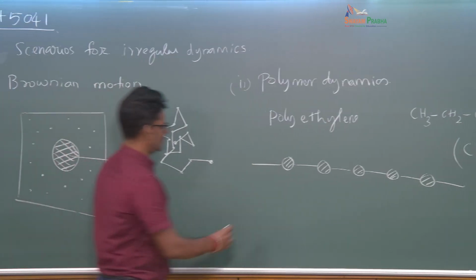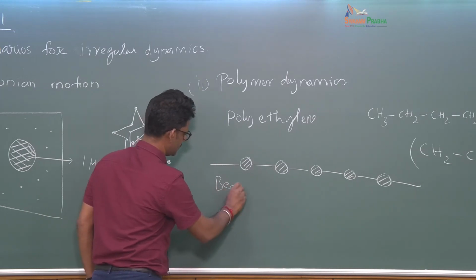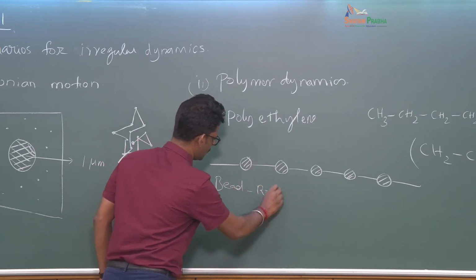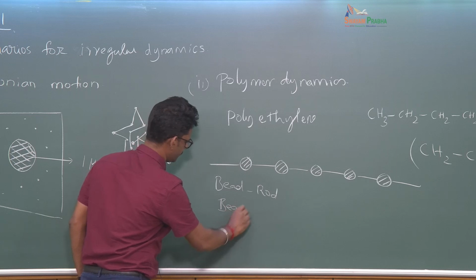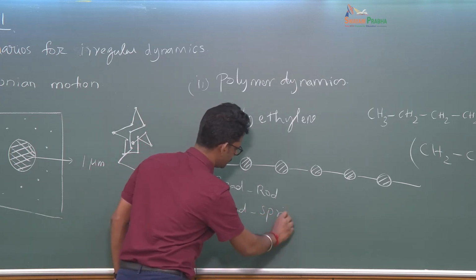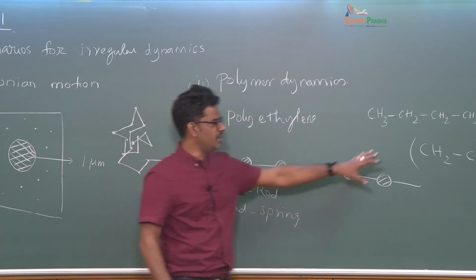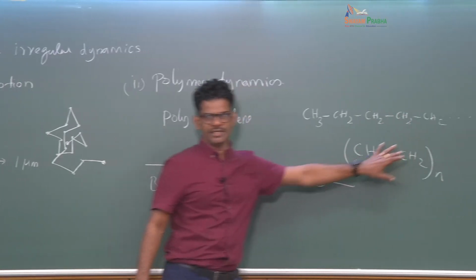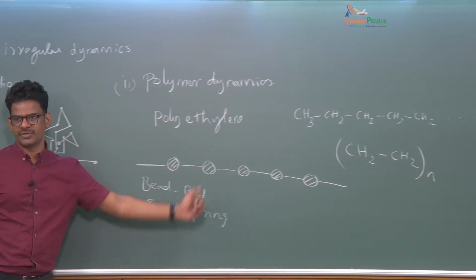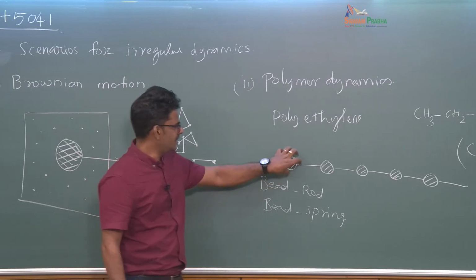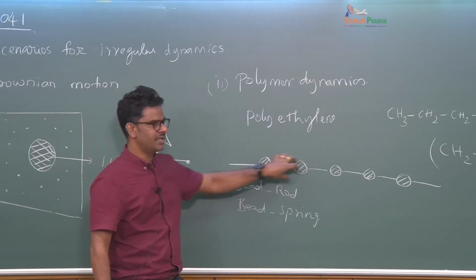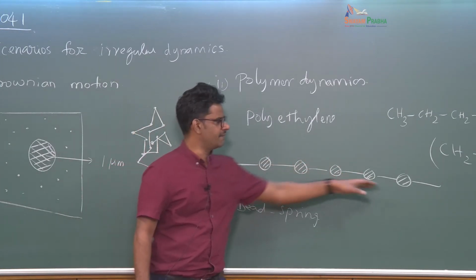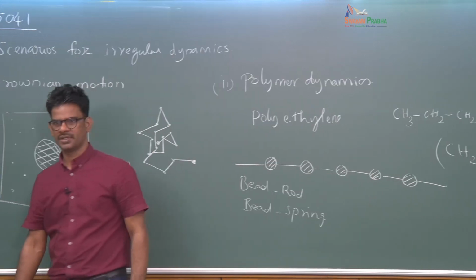So this is called bead rod or bead spring. These are different ways to represent the chemical details in a simple artistic representation. Okay, so we say that each monomer is connected by a bond, and you can have as many bonds as you want.